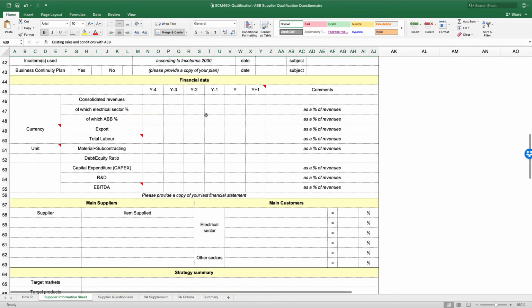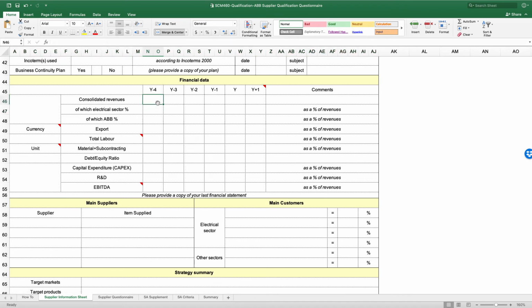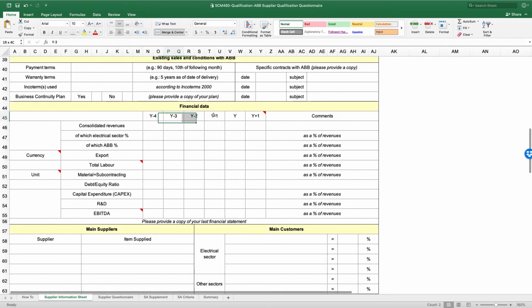And here there is some information about the financial figures, revenues four years ago and projected forecasts. In the electrical sector, which is the percentage with ABB, the total labor in terms of direct labor and indirect cost, the export, the material and subcontracting. So, as you can see, a lot of financial figures.